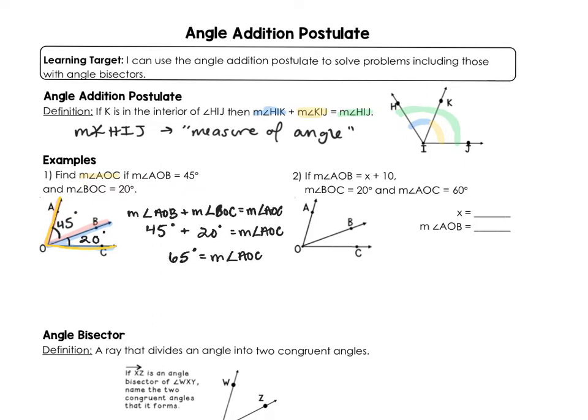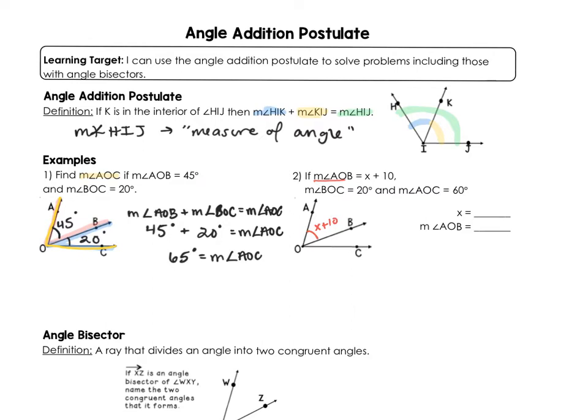Okay, example 2. This time, I know the measure of angle AOB is equal to x plus 10. So here's angle AOB. So this top part right here. So this is x plus 10.